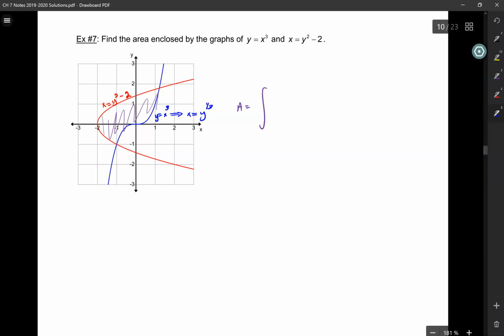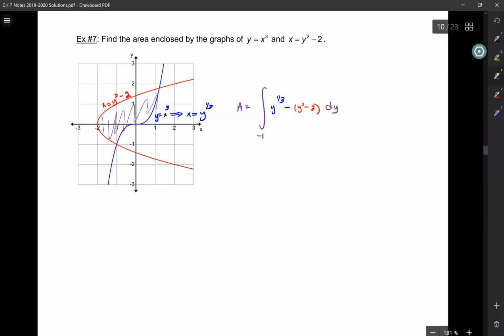So it's going to be y to the 1/3 minus (y squared minus 2) dy. Now my lower bound is -1. Well, what about the upper bound? That we're going to do with the calculator.